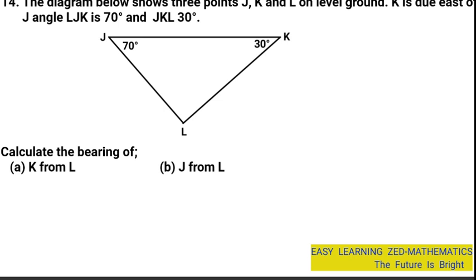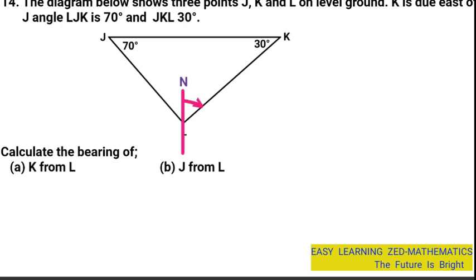To find the bearing of K from L, we are going to draw the line here and put the mark which is north there. Then we want to find the bearing, which is this angle here.